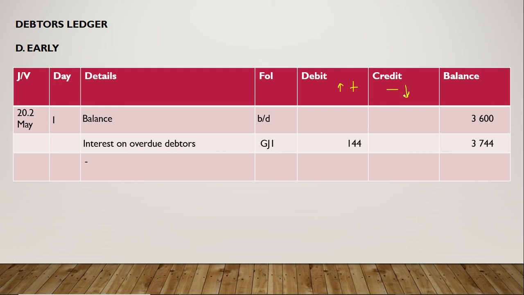This is because DLE will owe us more because of the interest we charged DLE. So when you take 3,600 and add it to 144, you will get 3,744. So DLE owes us more because we charged DLE interest of 144, which was overdue for 4 months.